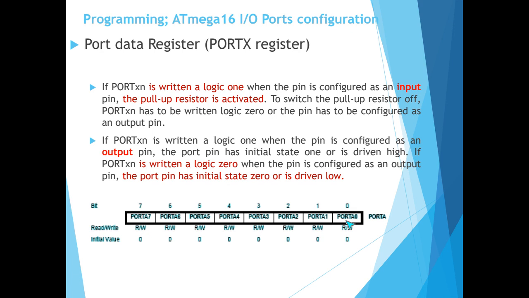Then the port pin has initial state 1, or it's driven high. And if port A0 is written logic 0 when the pin is configured as an output, then the port pin has initial state 0, or is driven low, meaning that it has a voltage of 0.